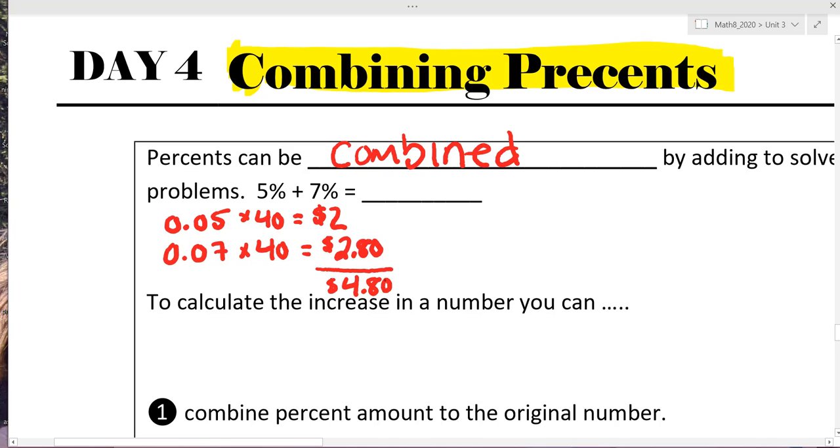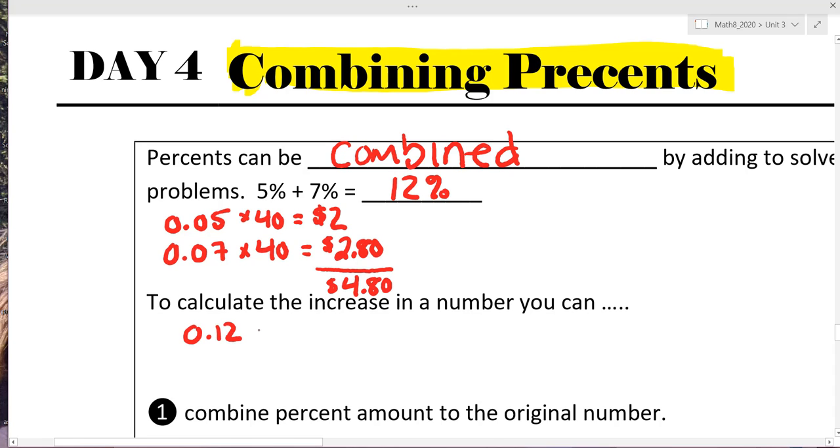Now, instead of doing this in 2 steps, we like to be efficient in math as much as possible. We could actually just add these percentages together. We could say, what's 5 plus 7? What's that number? 12, right? So we can say we are actually paying a total of 12% tax. So we can say on this jacket that costs $40, we're going to pay 12% tax.